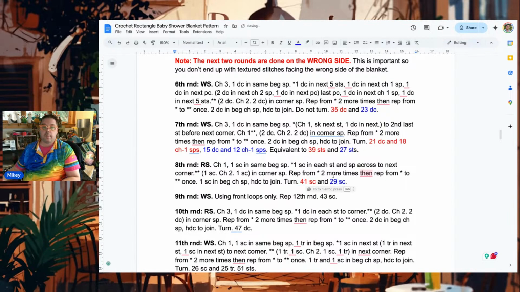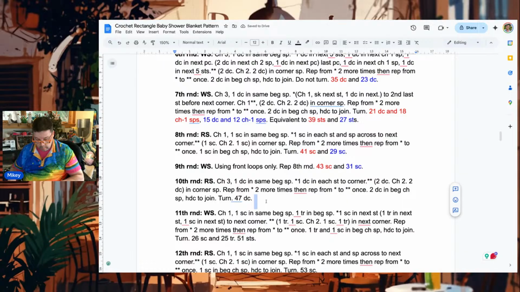So the 27 plus the 2 is 29. 39 plus 2 is 41. Okay, repeat the front loops only. Repeat the 8th round. So this is automatically just 2, so it's 43 and 31.